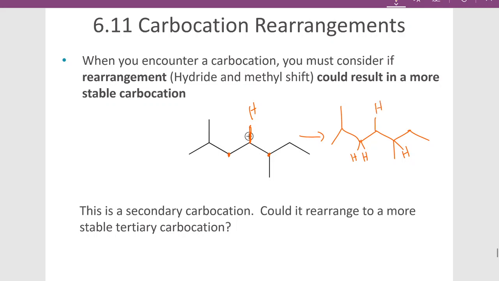But this carbon over here on the right has a methyl and a hydrogen. What happens if we move this methyl over? Okay, then that's going to put the hydrogen over here. Where does that leave the carbocation? That leaves the carbocation right here. So the hydrogen that was right here moved over to this carbon, taking its 2 electrons with it, so with a hydride shift. And now that puts a positive charge on the carbon next door. Now this carbon is tertiary.